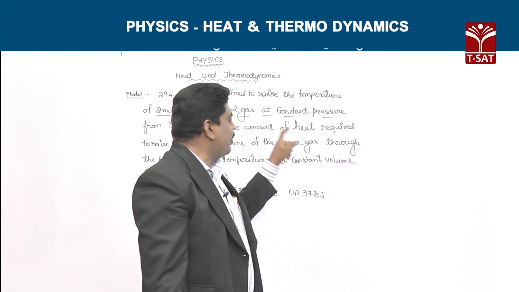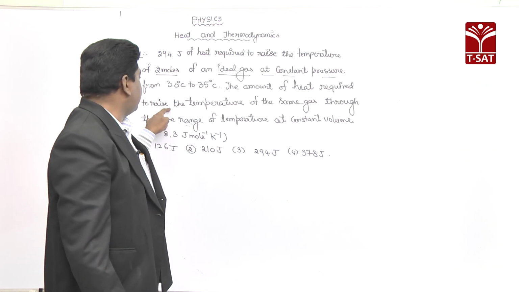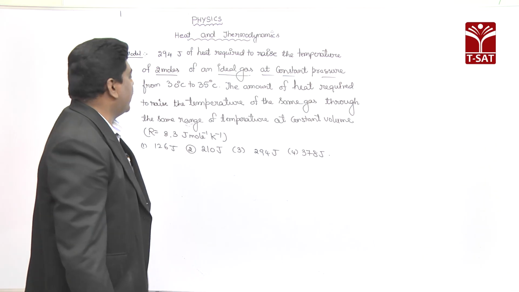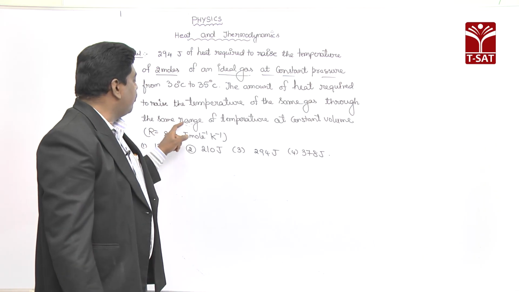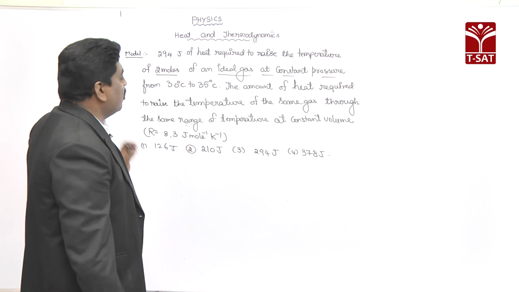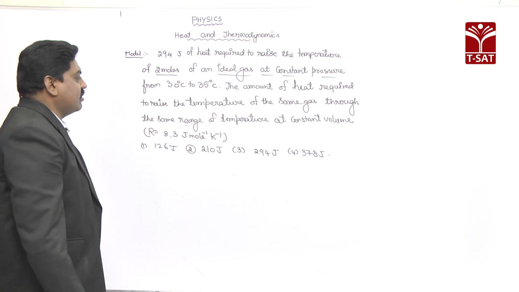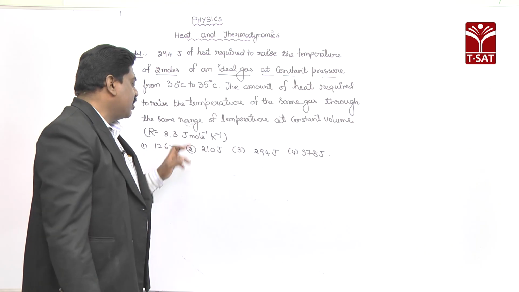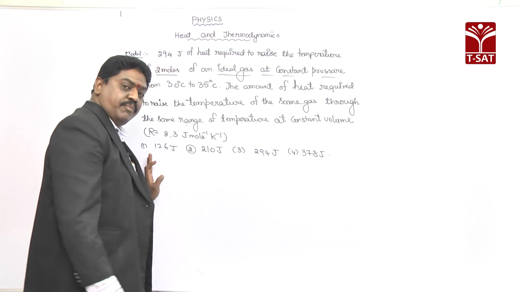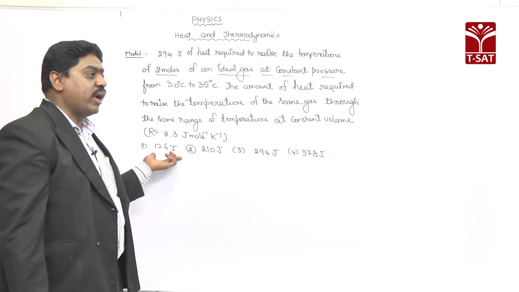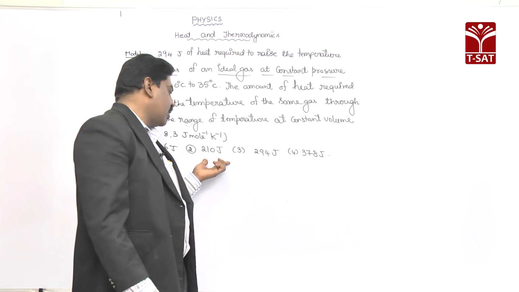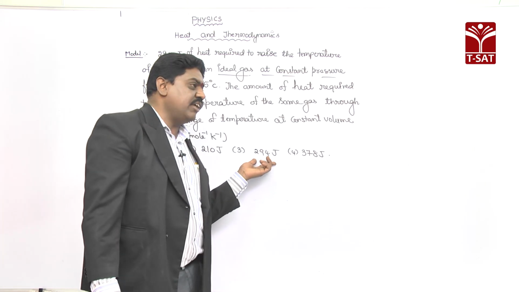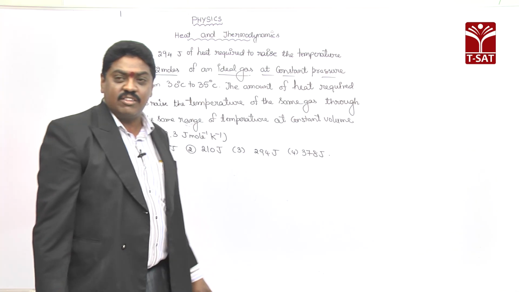The amount of heat required to raise the temperature of the same gas through the same range of temperature at constant volume is, we are given R equal to 8.3 joule per mole per Kelvin, and the options given are 126 joules, 210 joules, 294 joules and 378 joules.